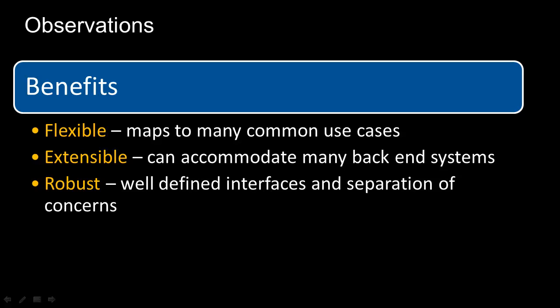You can invent types of operation relating to anything you might want to do via your user interface. It's extensible. Again, you can add different operation types, and through the adaptive framework, you can accommodate many different types of backend system. And we think it's a robust architecture. It has well-defined interfaces and good, clean separation of concerns.